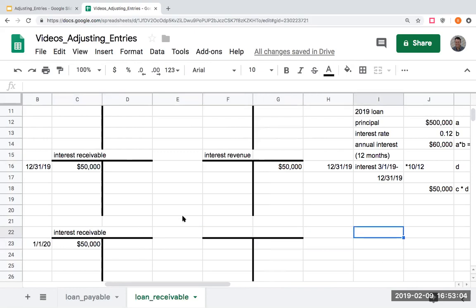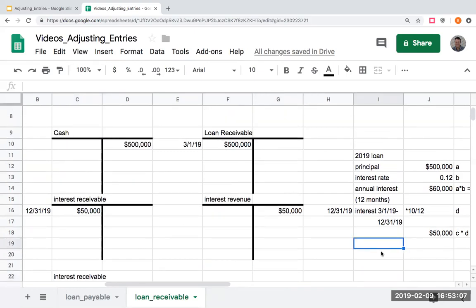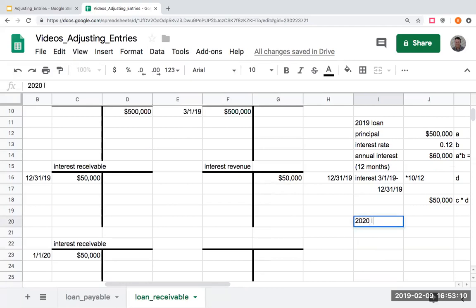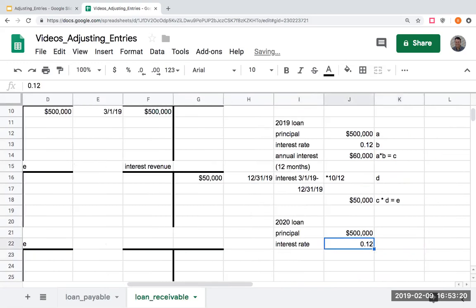Now, when I go over here in terms of recording for 2020, my principal is still going to be $500,000. Remember, I'm not making you do interest on interest. So here my interest rate is going to be 0.12. So my annual interest for the 2020 loan is going to be 500,000 times 12%, or 60,000.